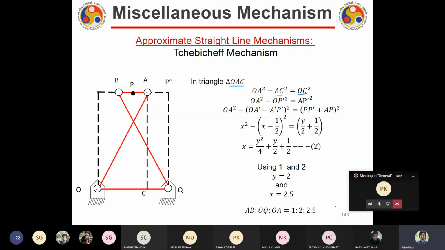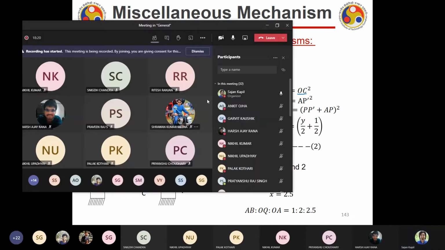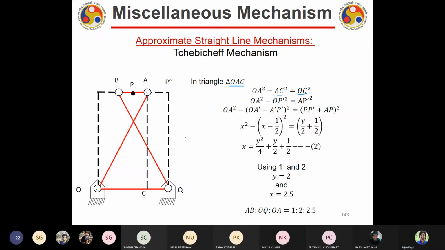Who will tell me? Maybe, yeah, Rahul Agarwal. Sir, I am asking where is P dash, sir? You tell me where is P dash. Just a second, sir.